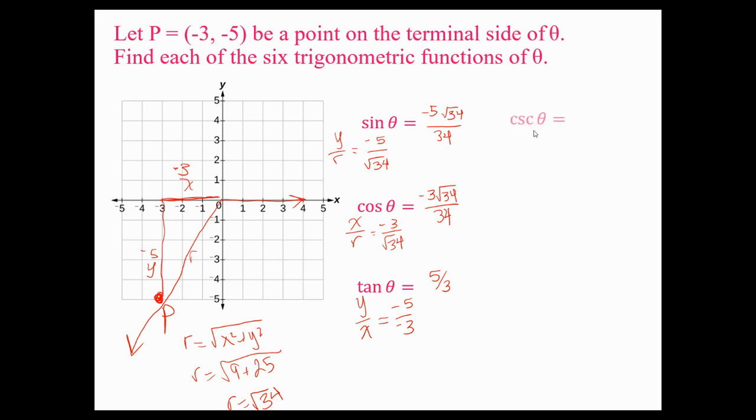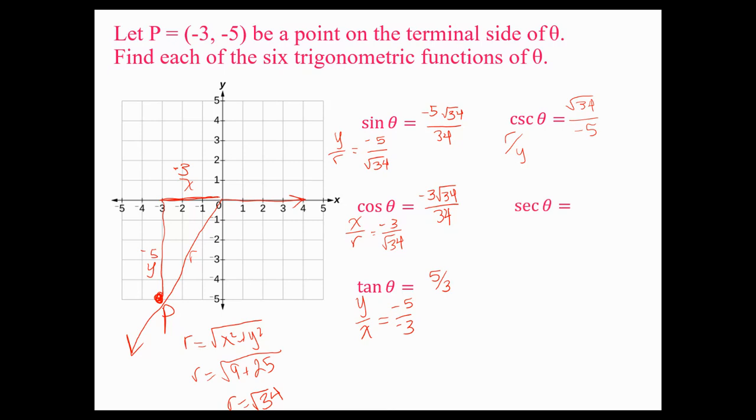So now if we think of our reciprocal identity, we know that it's the hypotenuse r over y, the reciprocal of this, which will now give us the square root of 34 over negative 5. If you want to just call the whole thing negative, that's fine.